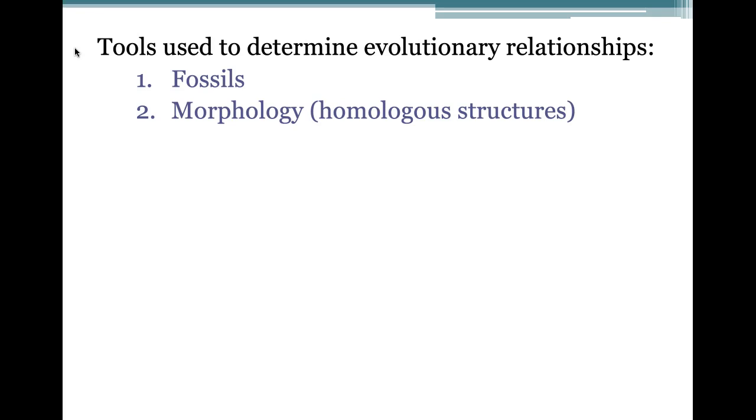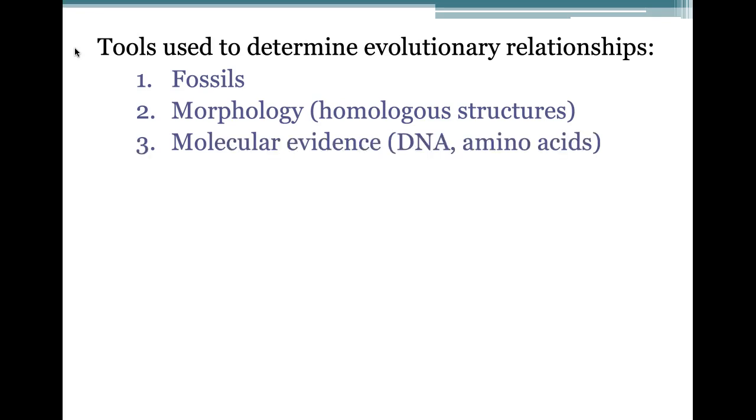Like a bat wing compared to a human arm, internally we have similar bone structure, but externally we are not adapted the same way. The third tool is molecular evidence, so studying actual DNA, amino acids, and proteins.